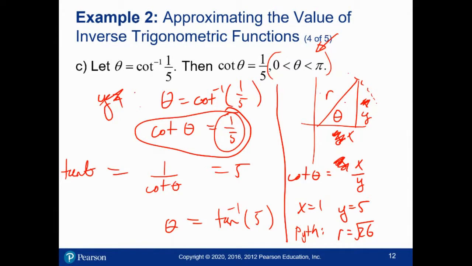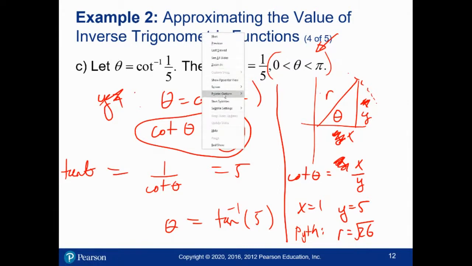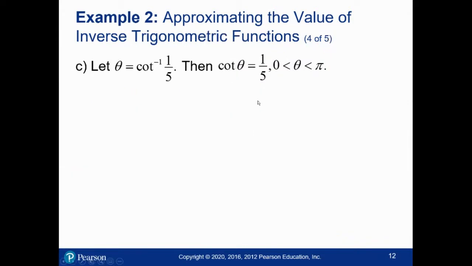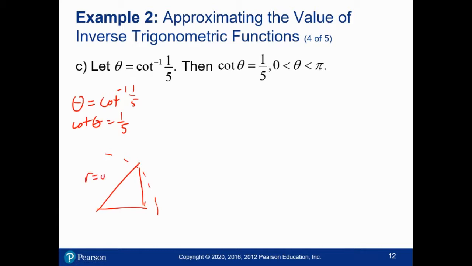So I'm going to clear some stuff out. Using theta is the arc cotangent of 1/5, then we got the cotangent of theta is 1/5. We drew a quadrant 1 solution in a circle of an unknown radius, which turned out to be root 26. Since the cotangent is the x over the y, I called this 1, I called this 5. Okay, and now here's our angle theta. It's an angle whose cotangent is 1/5.